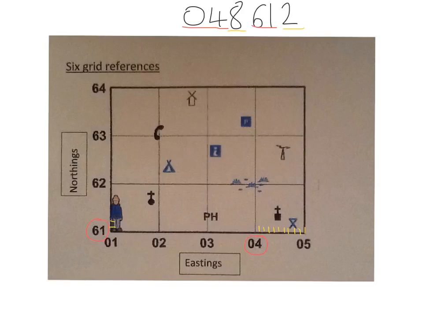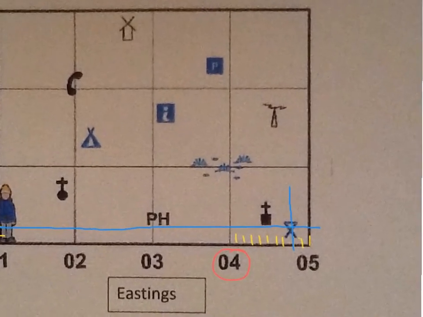So 04 and 8 is here, and 61 and 2 is here. So where our two lines cross, we have this symbol here, which is a picnic site. And that's how you read a 6-figure grid reference.